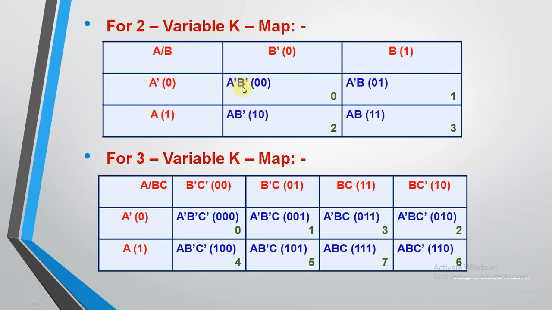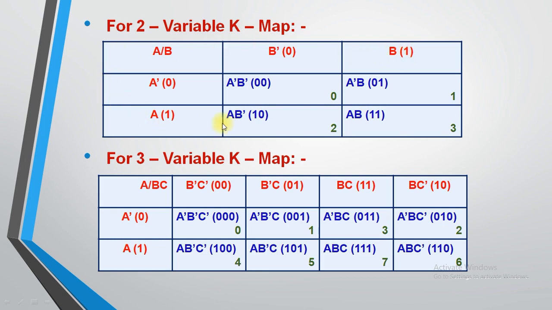For both cells in this column, the value is B dash. Follow my cursor: here it is B dash and here also it is B dash. B dash is represented by 0. Similarly for this particular column, the value is B, which is represented by 1.